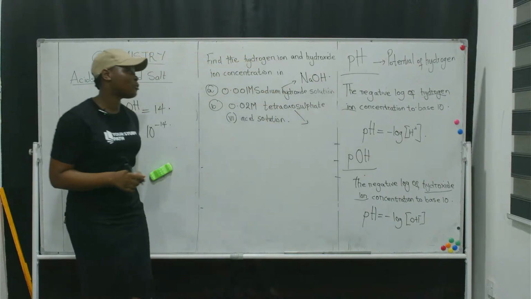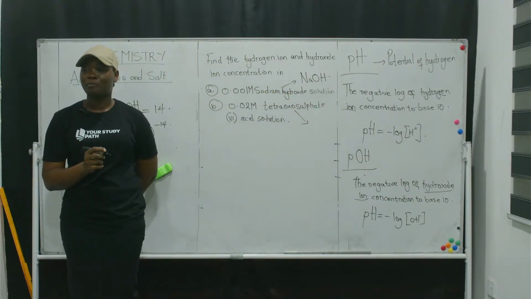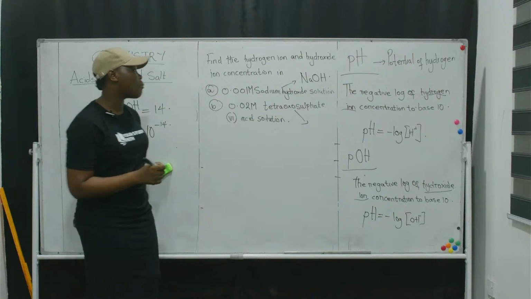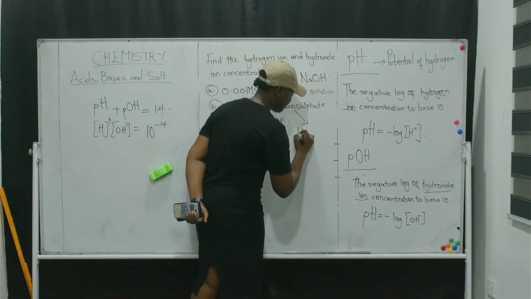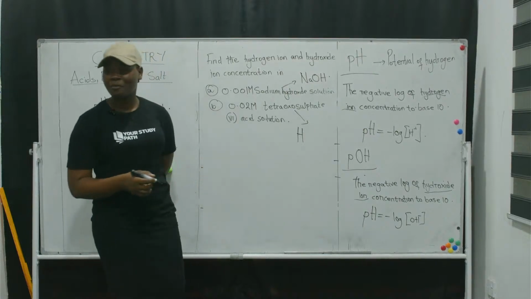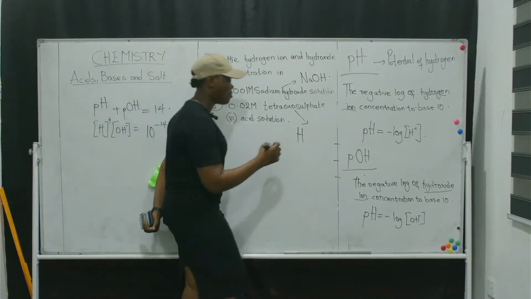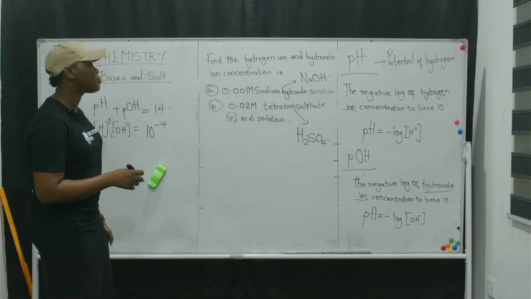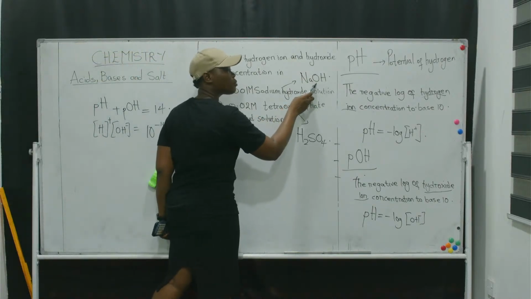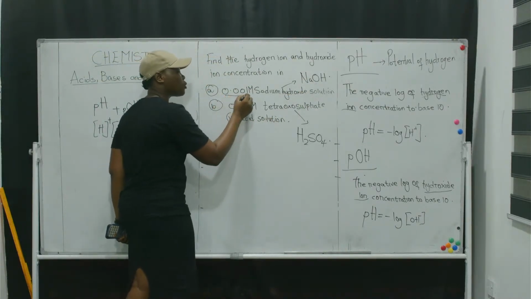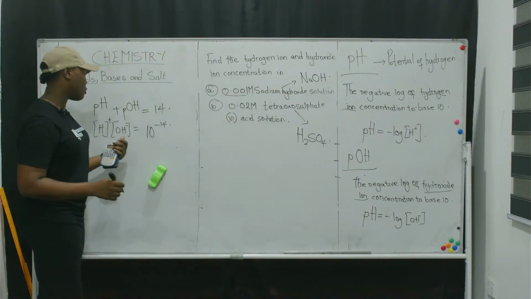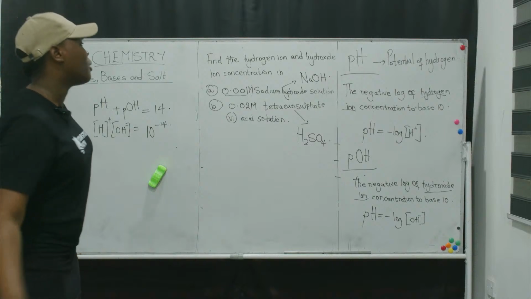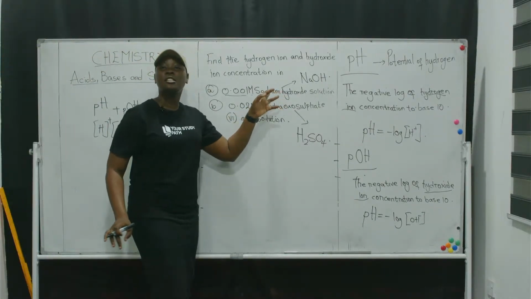Okay, tetraoxosulfatic acid. It starts with H. H2SO4. Okay, this is NaOH. So we know that this concentration is not hydrogen ion concentration, rather it is OH concentration, because of the compound.